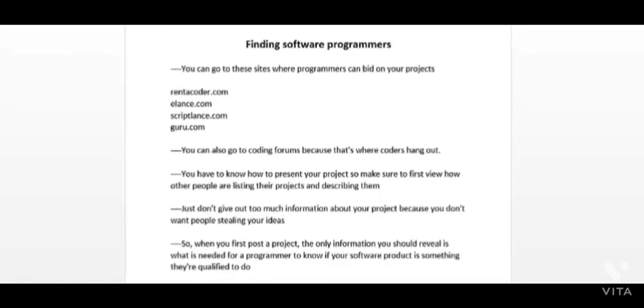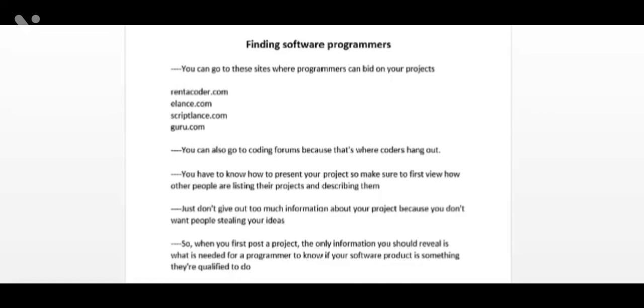Now let's talk about finding software programmers for your project. Now there are various sites that you can go to find programmers where they will bid on your projects, and you can select the programmers based on the best price. But remember, you also have to make sure to select programmers based on their skills and how comfortable you feel working with them.